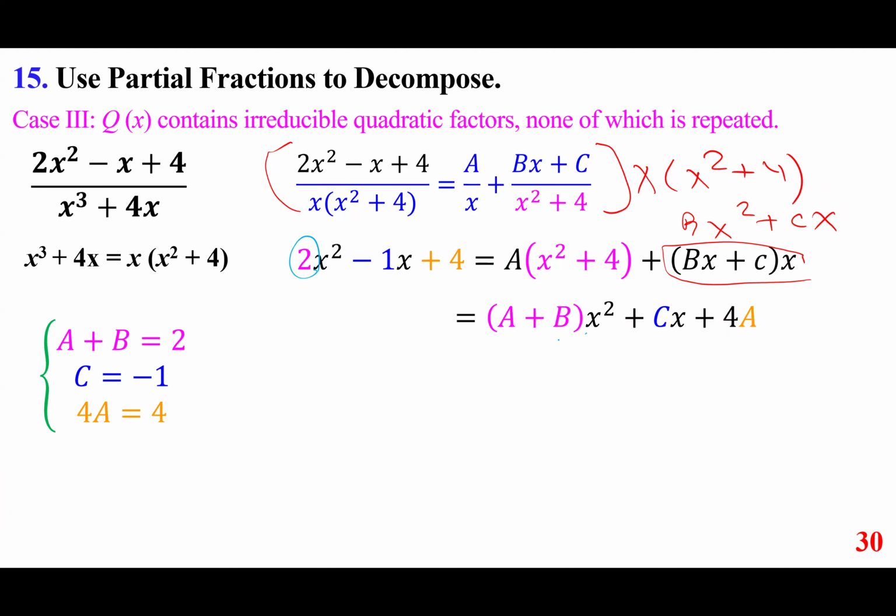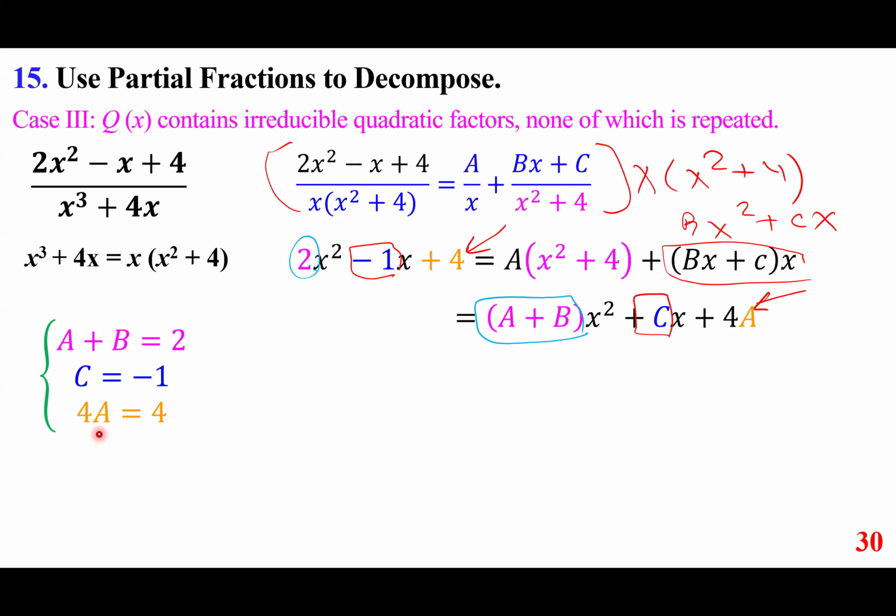So 2 must be this. -1 must be this. And finally, 4 must be 4a, because the coefficients must be the same. So this is obviously c.